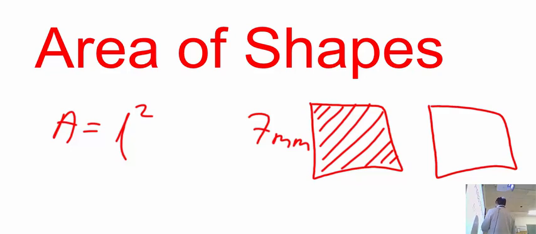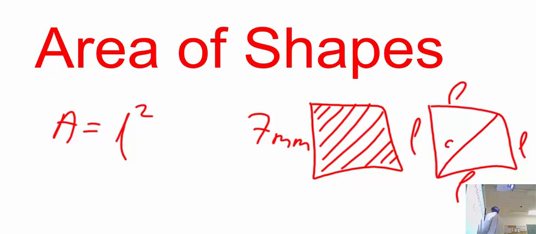This is L, this is L, this is L, this is L. If the formula asks you, this is D, this is D. Looking at that, I don't need the D, but I do need the L. And I know L is 7 millimeters.